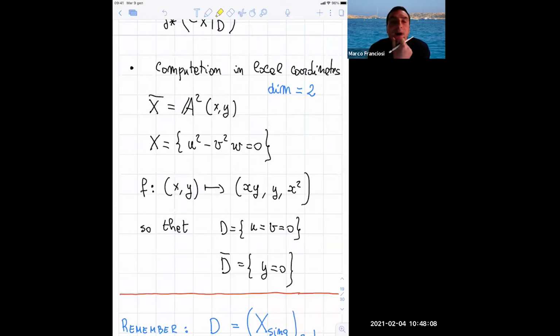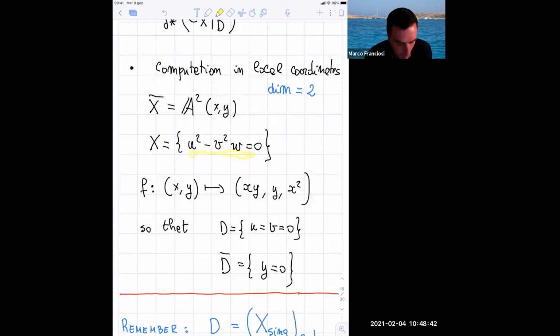So locally X bar is given as A^2 with coordinates x, y, and X is described as a locus given by the pinch point. The map is given simply by (x,y) maps to (xy, y, x^2), so that D is given by u equals v equals 0, and D bar is given by y equals 0.